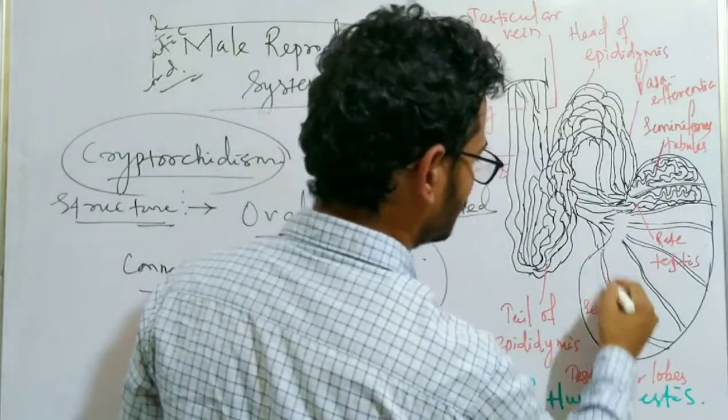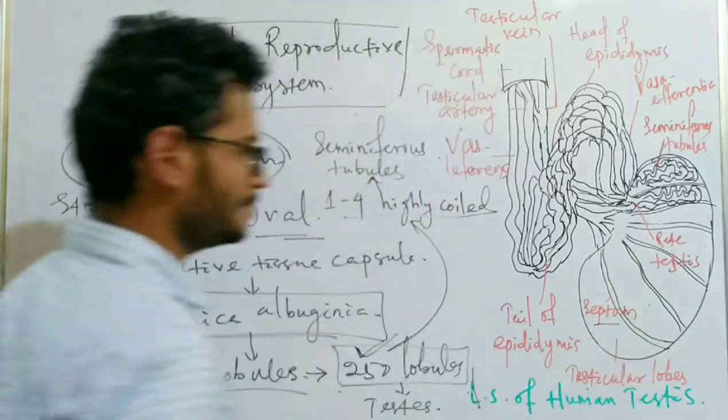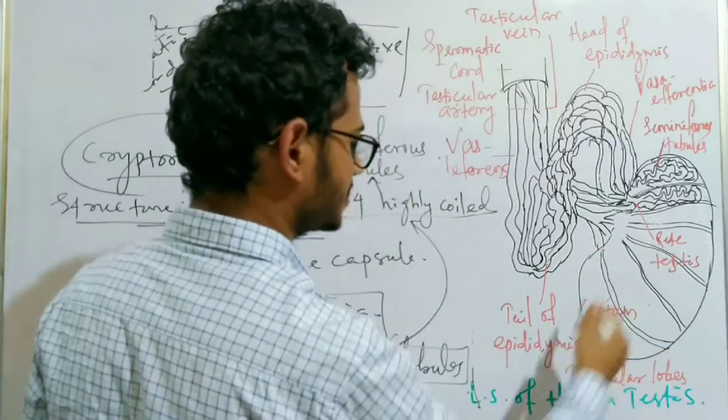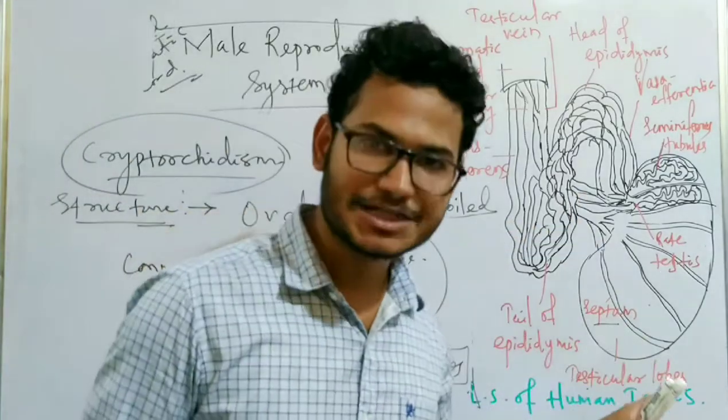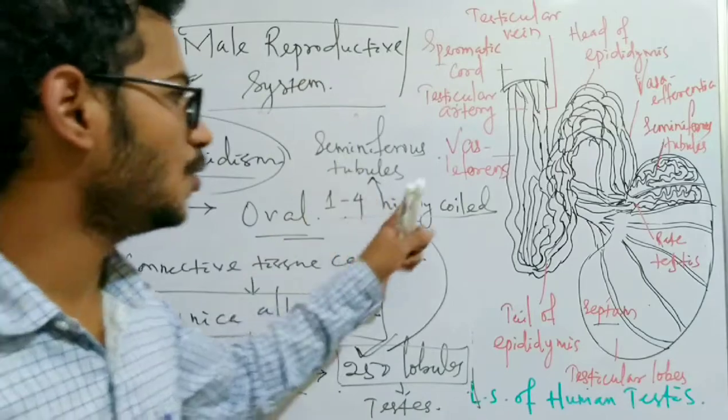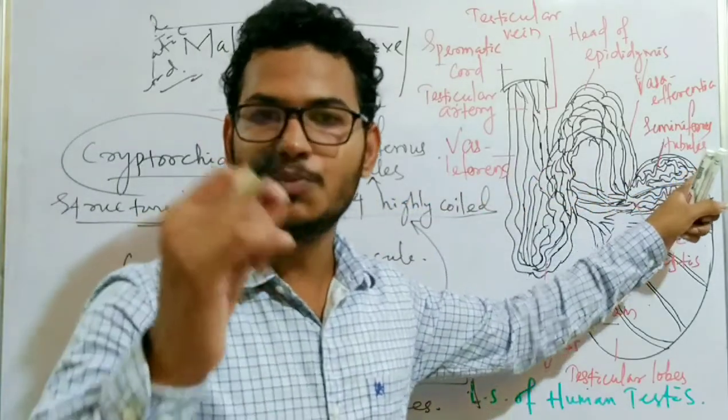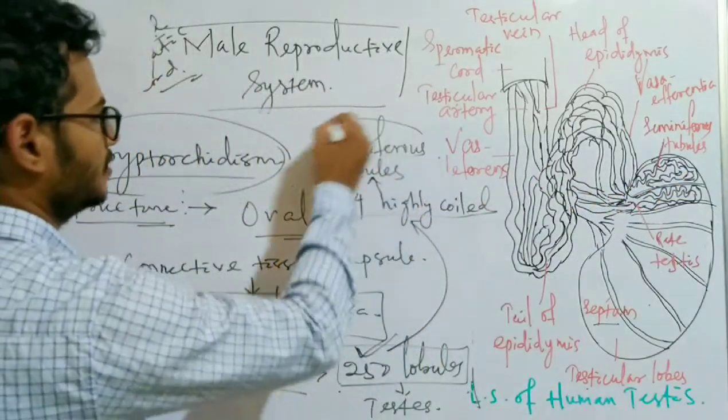Here the testicular lobules are separated by the septum, which divides the testis into lobules, and in each lobule there are 1 to 4 highly coiled seminiferous tubules.